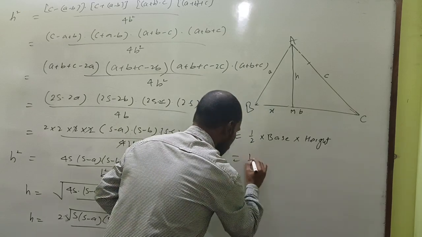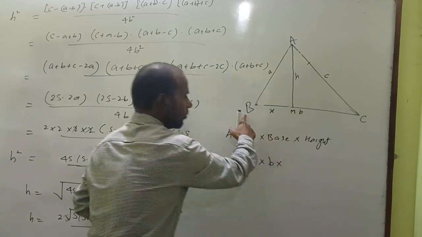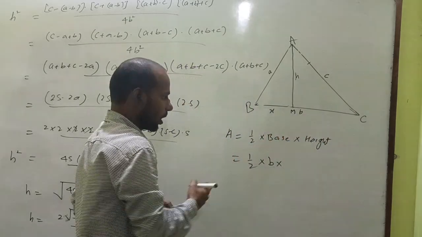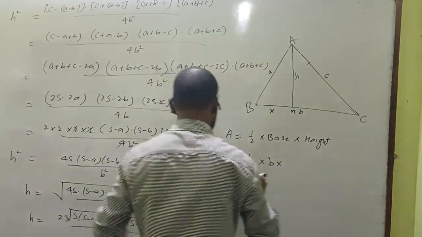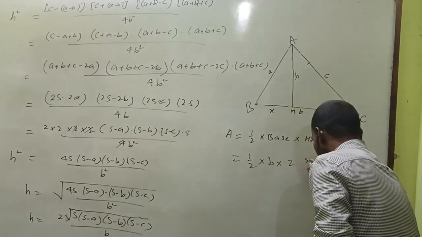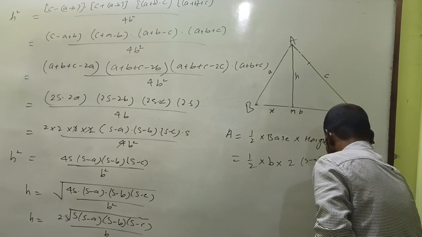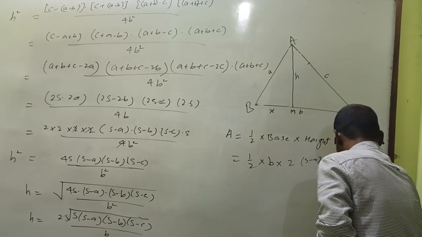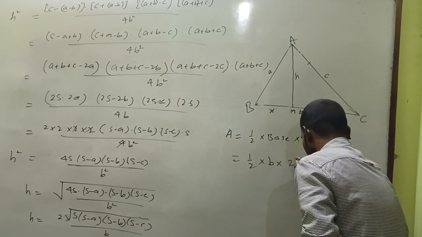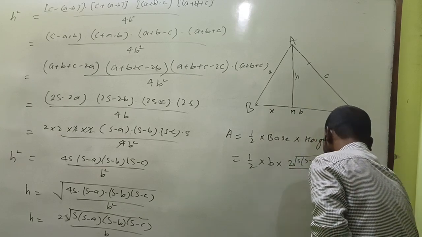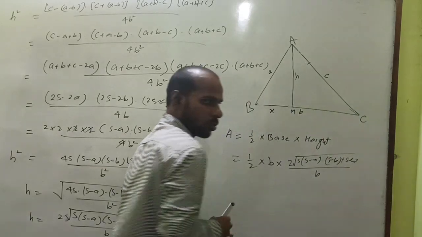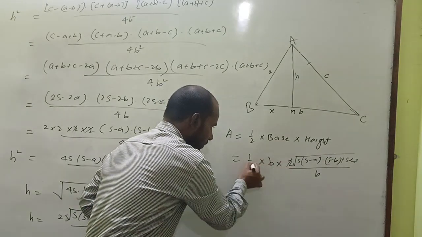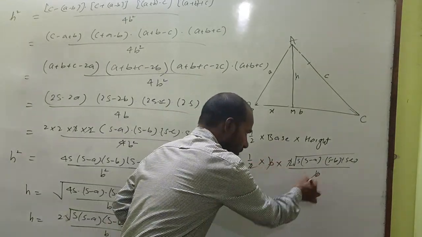Base is b, and the height we have already calculated over here, that is 2 upon b under root s, s minus a, s minus b, s minus c. So here 2 will cancel out with this 2, and b will be cancelled out by this b.